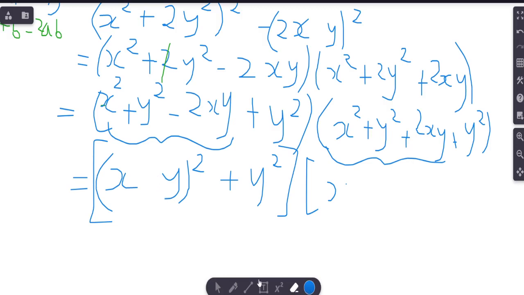This is minus y and not plus y. Okay, so we have x minus y squared. So it's x squared plus y squared minus 2xy. And here we have x plus, this time, y squared plus y squared.